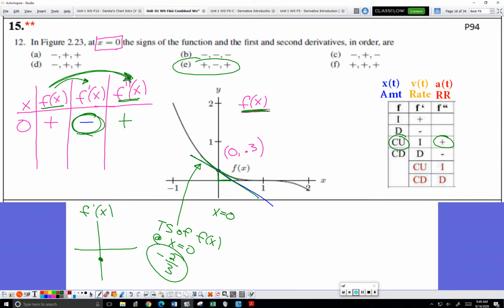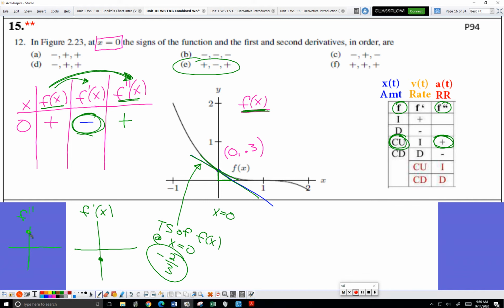You just have to know this relationship right here. If my graph of f has a concave up shape, my graph of f double prime is going to have positive y-coordinates. I don't really know what f double prime looks like, and I don't typically worry about it. I just know that at x equals 0, there'll be a dot somewhere on f double prime that is positive. I don't really know how positive. Does that help at all?